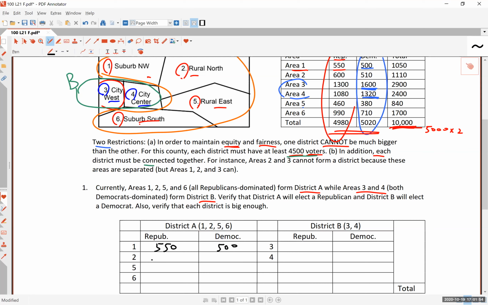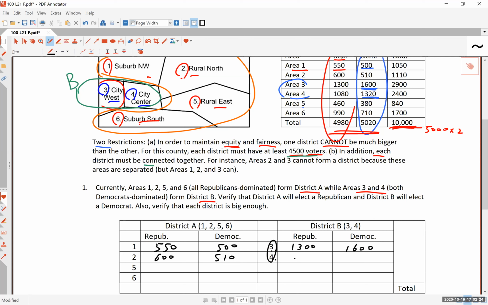And area 2 has 600 red and 510 blue party registered voters. Then 3 goes on this side because 3 and 4 belong to District B. Area 3 has 1,300 red party registered voters and 1,600 blue party registered voters.